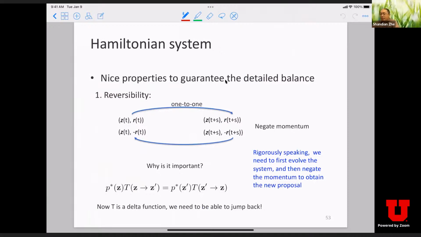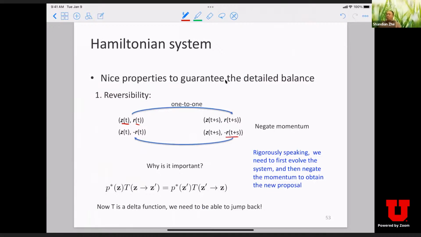Basically it says, if you start from some time t, and your state is Z_t and R_t, and then you evolve your system for a certain amount of time s, you get your state Z_{t+s} and R_{t+s}. Then you negate the momentum, to be negative R_{t+s}.